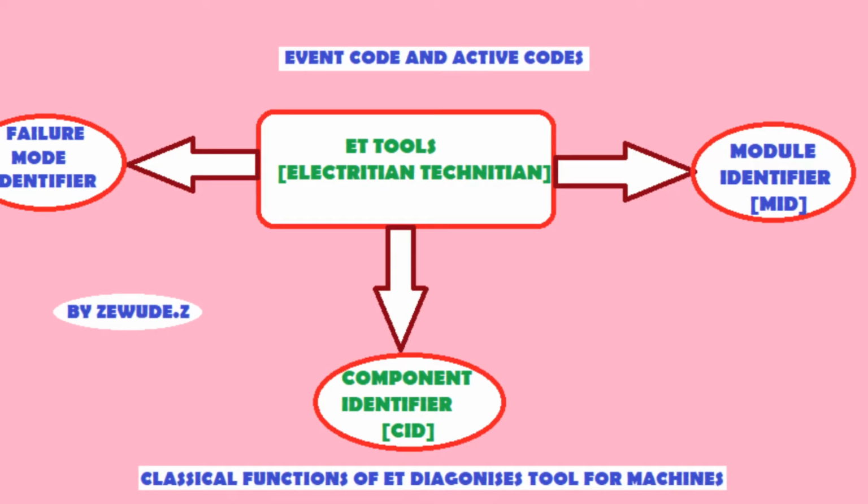This modular identifier is the most important parameter in order to identify the electronic control module, or ECM. This ECM depends upon the machine model and the machine's complicated application.